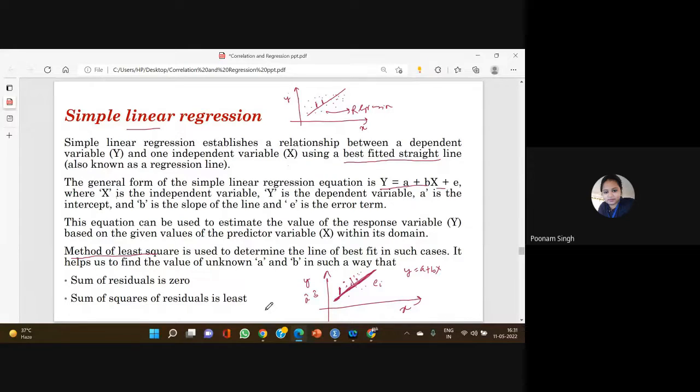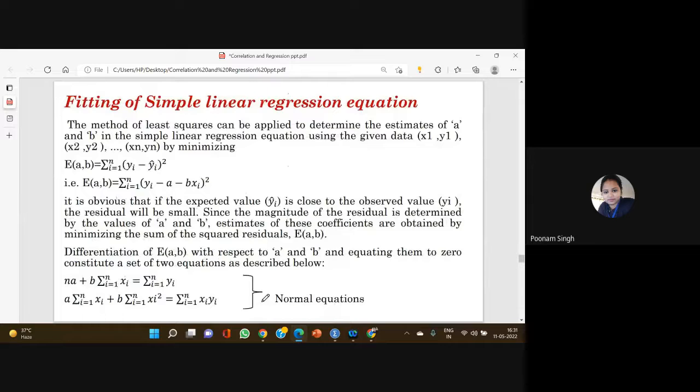So how is this fitting done? The method of least squares is applied to determine the estimates of a and b in the simple linear regression equation using the given data. If the data is given as x1, y1, x2, y2, up to xn, yn, by minimizing this E value, which is the summation over yi minus y cap whole squared, where this y cap is a plus b xi. It means that this is the expected or estimated value of your response variable.